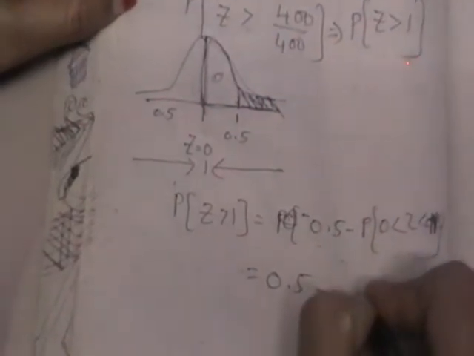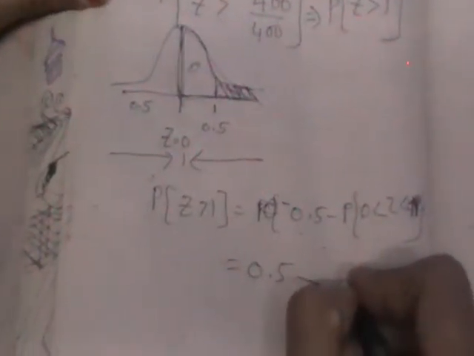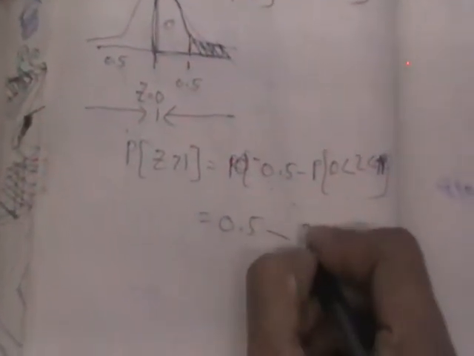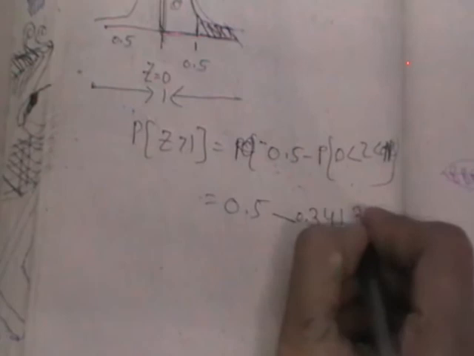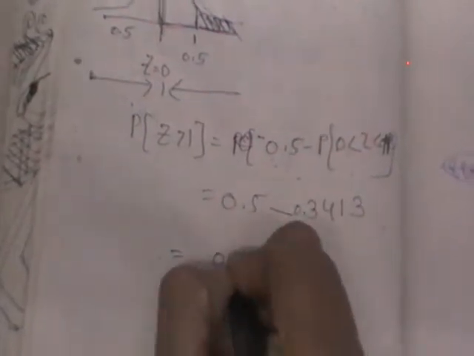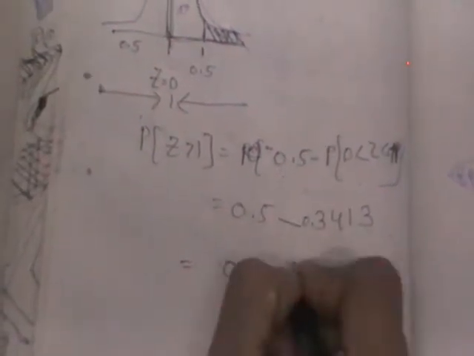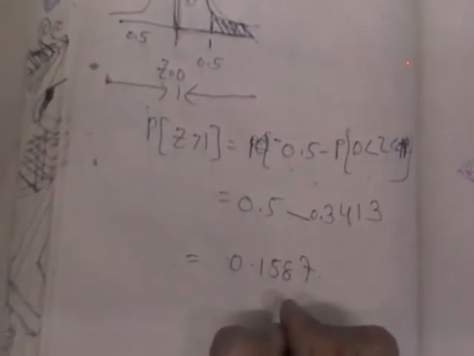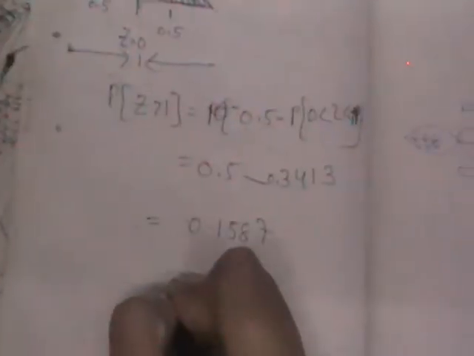From the given areas, it is 0.5 minus 0.3413, which is nothing but 0.1587. So how do you calculate the percentage? 0.1587 into 100, which is approximately 15% of the workers who are getting wages above 1600.